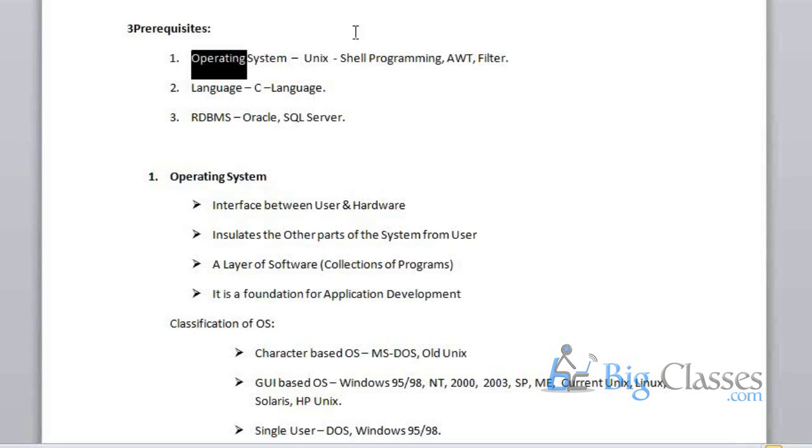Operating system, maybe Unix, or you might be using a Windows or Linux environment. So knowledge about operating systems. Language, basic knowledge of the C programming language. As you don't have C programming language, we will move a little slowly, in a way that you can follow all the topics I am delivering.